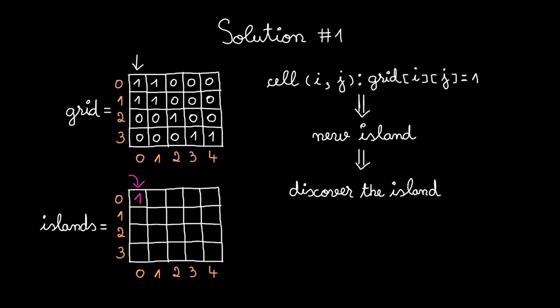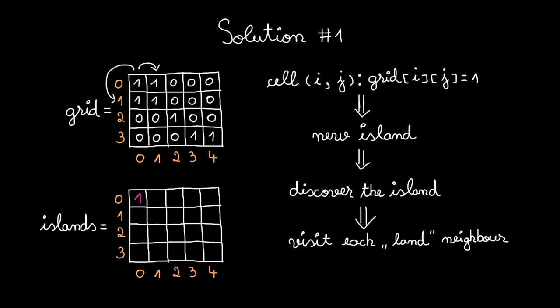We will start from this cell and visit each land neighbor, or, in other words, each neighboring cell that is also equal to 1. In this example, we have found 2 such neighbors and marked them as 1. Now, this is still not enough.